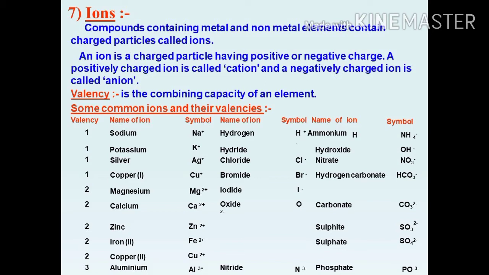See some common ions and their valencies. Name of an ion: sodium, symbol Na+. The valency is 1. The combining capacity of sodium is only 1. Potassium, K+, 1. Silver, Ag+. Copper, Cu+. Magnesium, Mg2+.